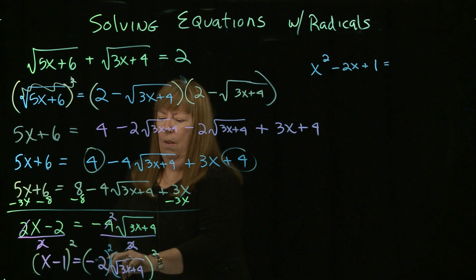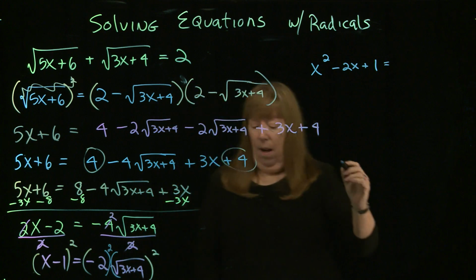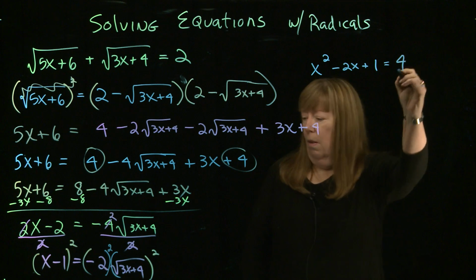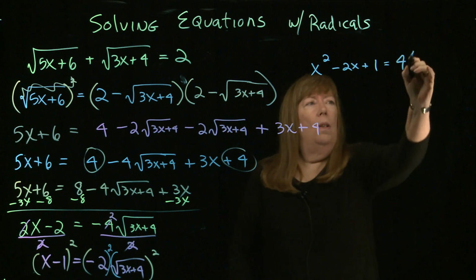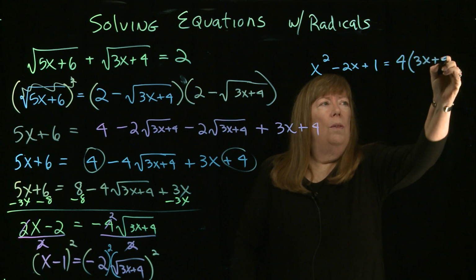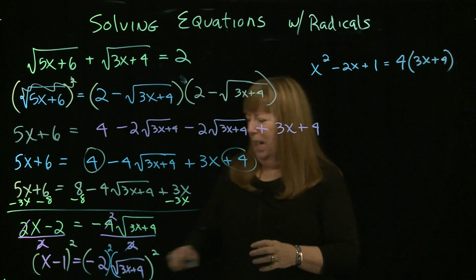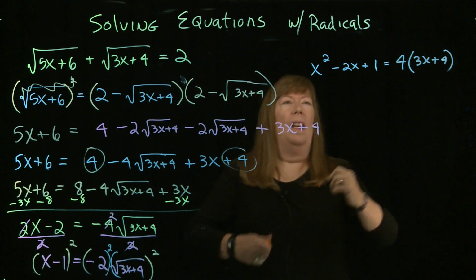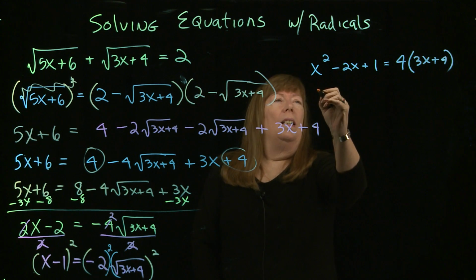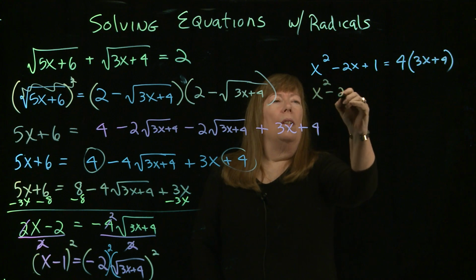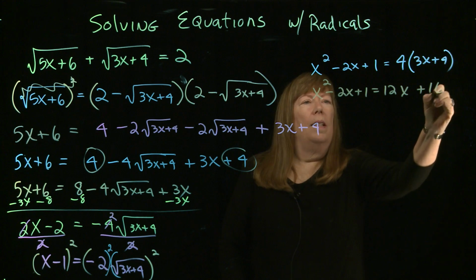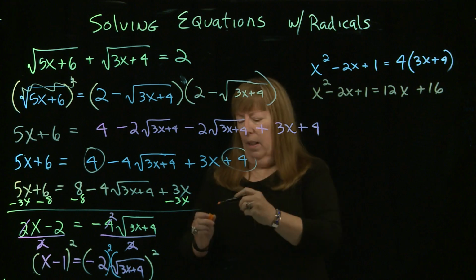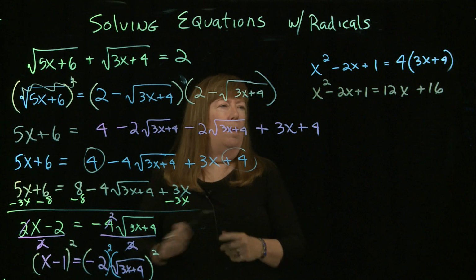And negative 2 squared is positive 4. And that's going to be times 3x plus 4. Okay, hang in there. We're getting there. I know this is a big one. Let's go ahead and distribute. Equals 12x plus 16. And since it's quadratic, let's go ahead and move everything to the other side.